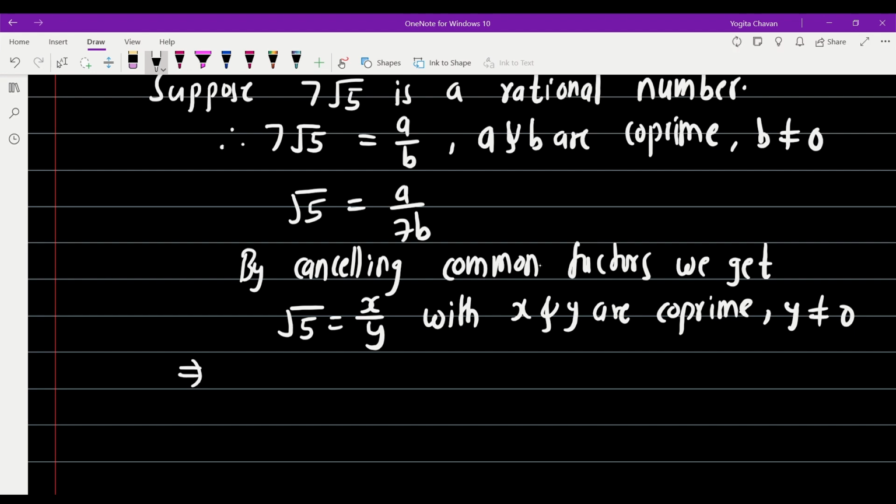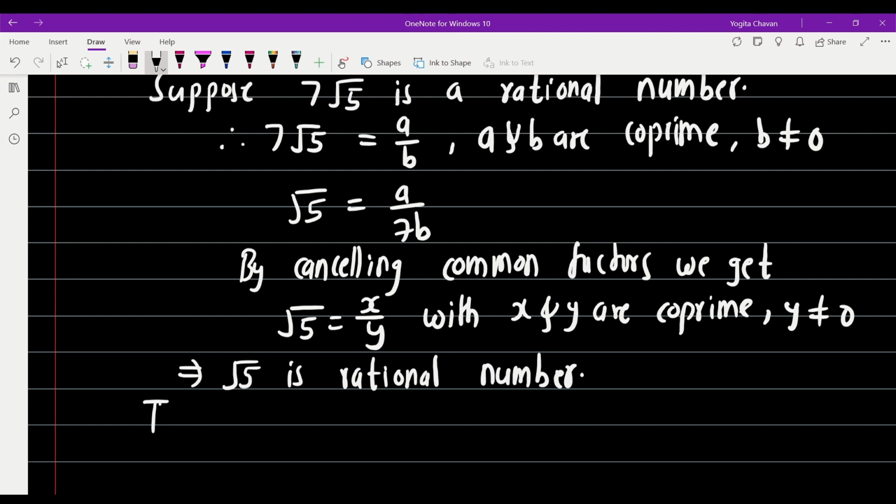So root 5 is equal to x upon y. This implies root 5 is a rational number. Again, this is a contradiction, because in the previous video we proved that root of p is an irrational number, where p is any prime. Here 5 is a prime number, so root 5 is guaranteed irrational, but here we got root 5 is a rational number.